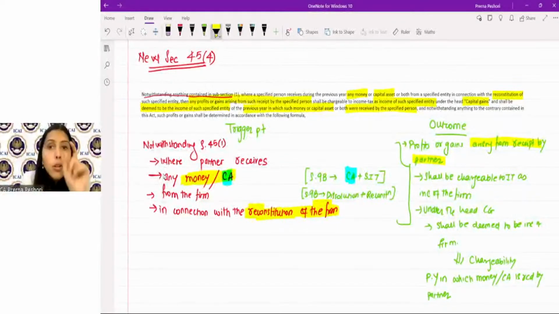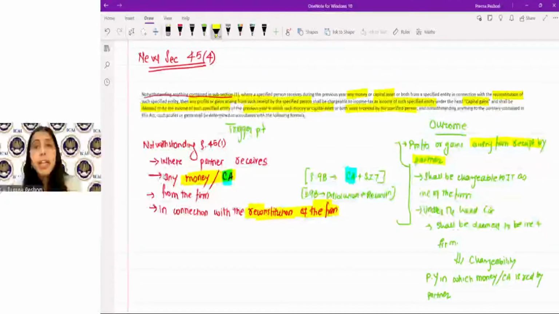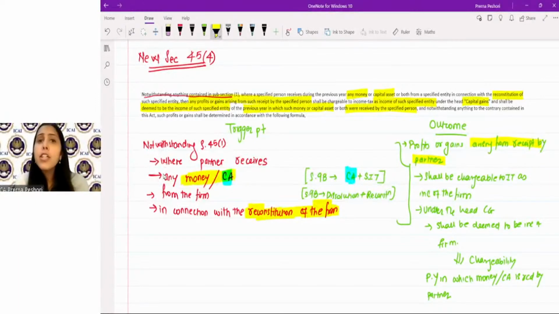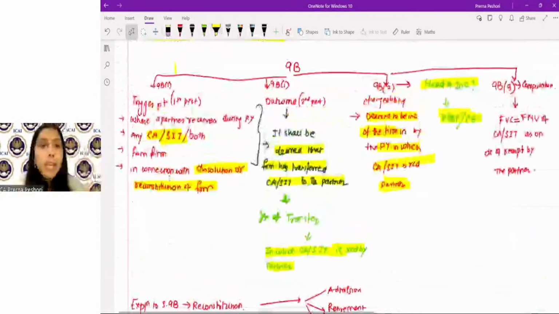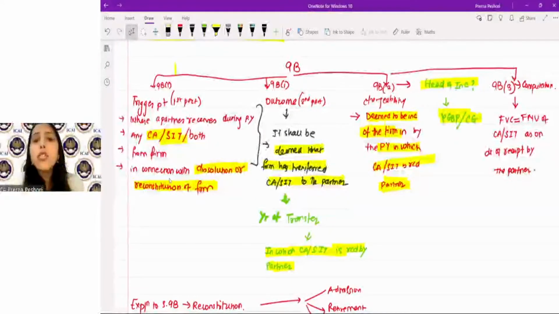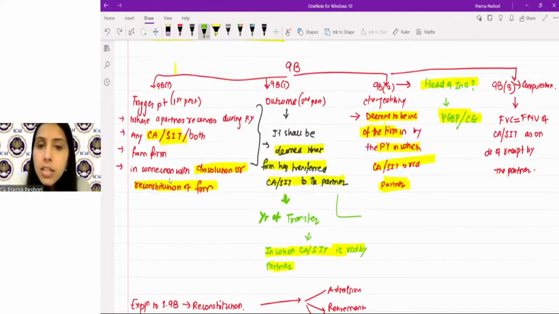No. What is written is: if the trigger points of 45.4 are fulfilled, profits or gains arising from the receipt by the partner shall be chargeable to income tax as the income of the firm. But under 9B, it is the income of the firm in the first place, because it shall be deemed that the firm has transferred the capital asset or stock in trade to the partner.